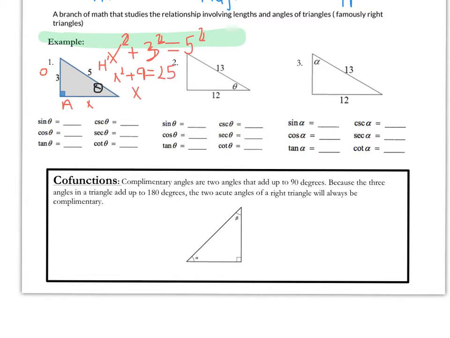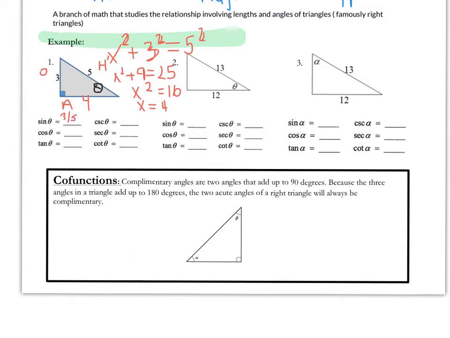So now I have x squared equals 16. So x is 4. I can erase where x is, and I can put a 4 there. Now I can do all my 6 trig functions because I have all 3 sides of my triangle filled out. So sine is opposite over hypotenuse, so that's going to be 3 over 5.